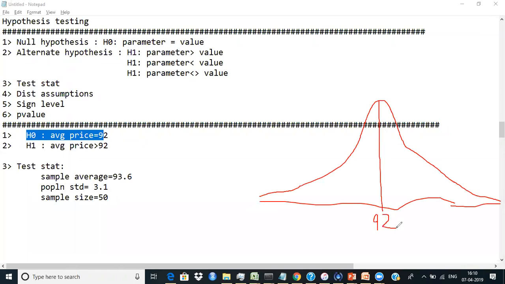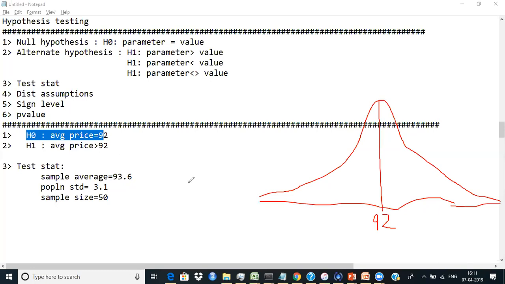According to the central limit theorem, the sample average is also a bell curve, centered again around 92 under the null hypothesis. All of you are clear?